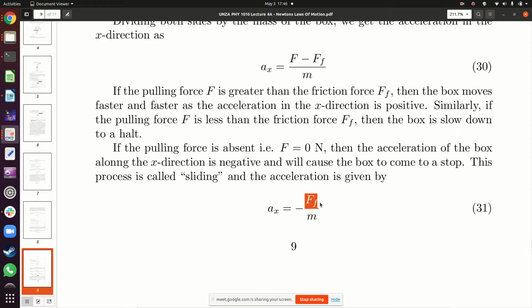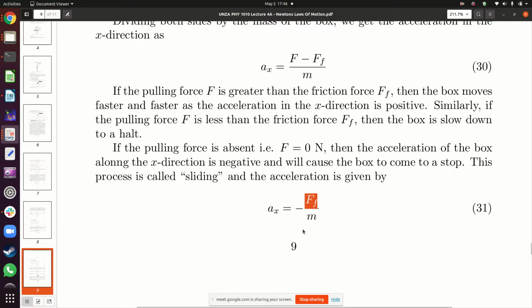So you're dividing a small force by the mass of the object, which is going to give you a small value of acceleration. This small value of acceleration is negative. So basically what you end up having is a small negative acceleration.